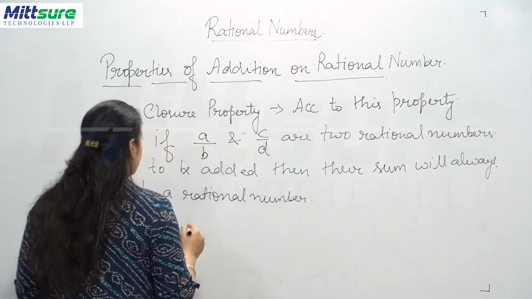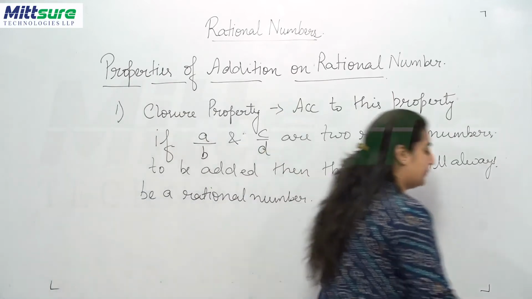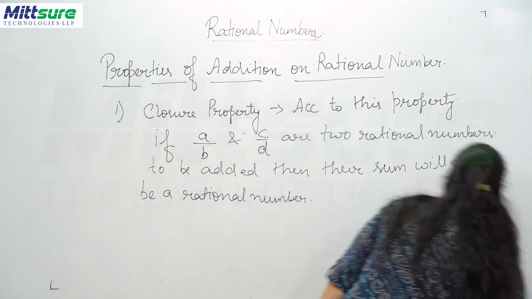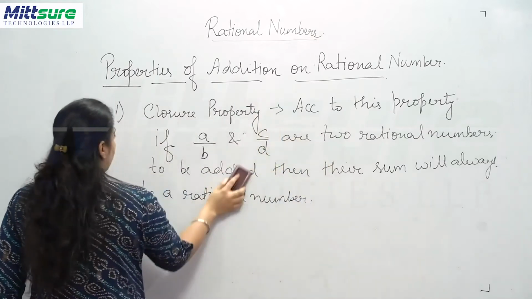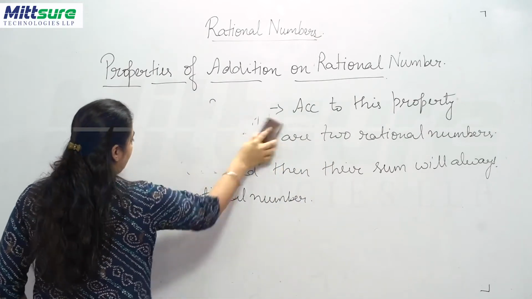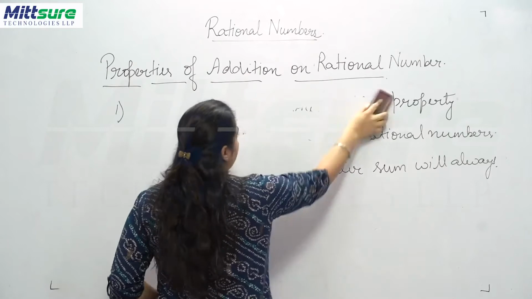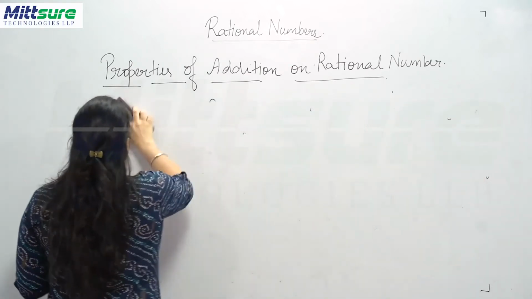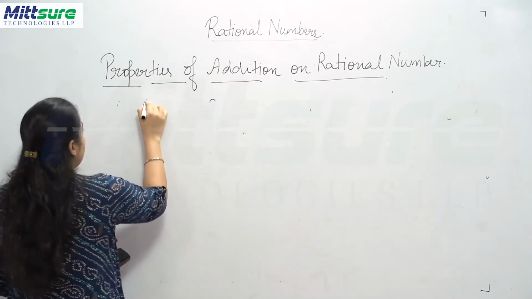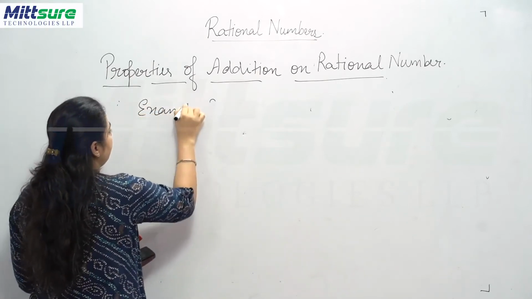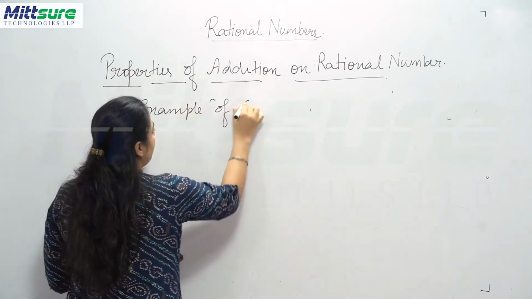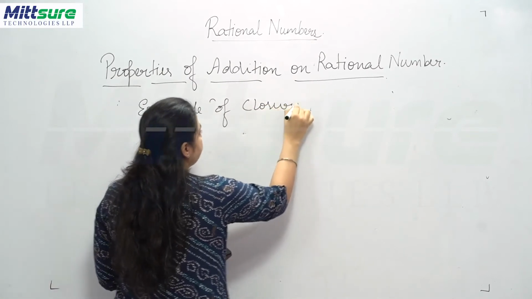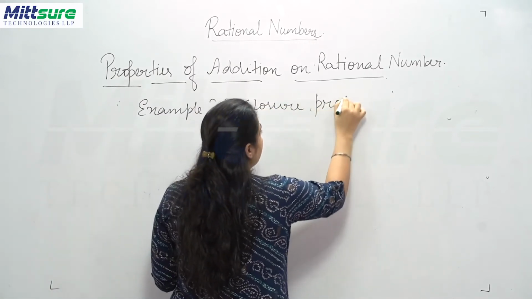Let's understand this with an example. So we begin with the example of closure property.